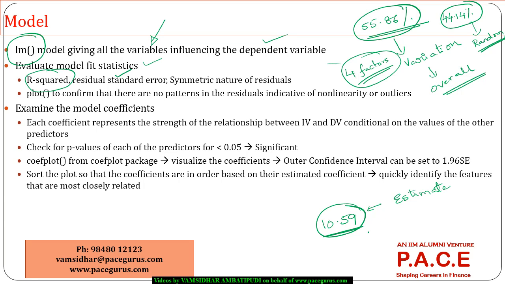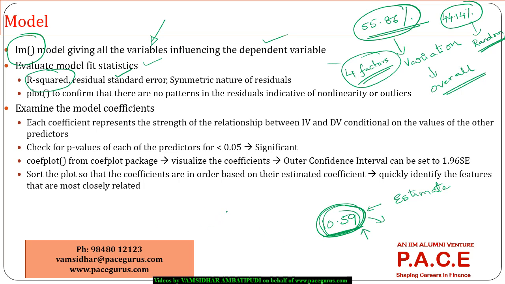The lesser the value, the higher is the predictability of the model; the higher the value, the lower will be the predictability. So I have to really see to what extent I can bring this down. With this kind of an exercise, I am able to get the residual standard error to 10.59.